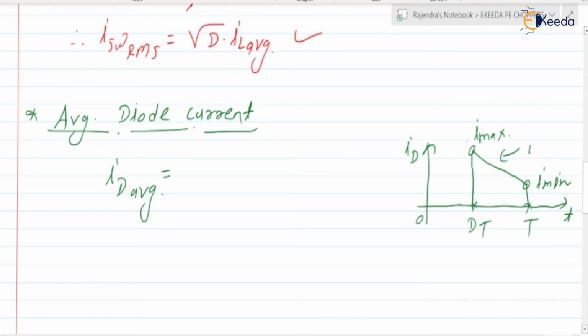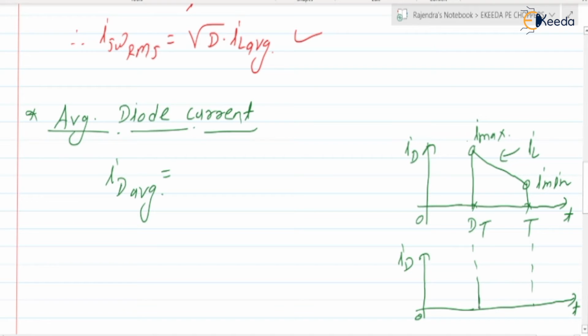So it is the same as IL only. Further we can draw ID as follows: during dT to T, what is the average value of this? It is linearly decreasing, right?